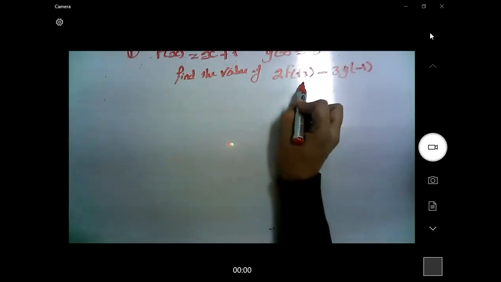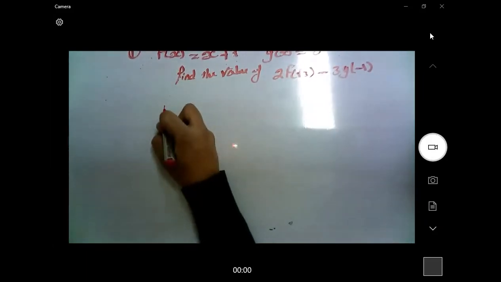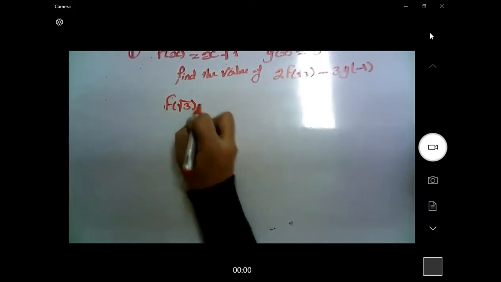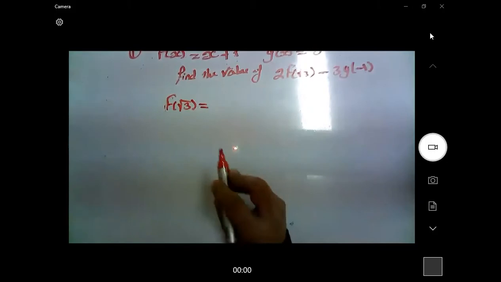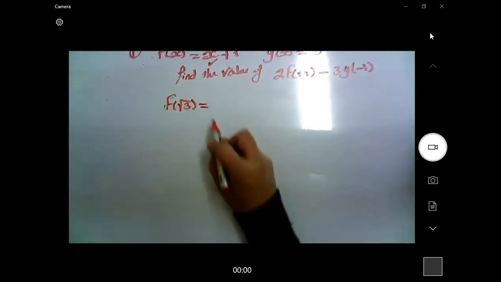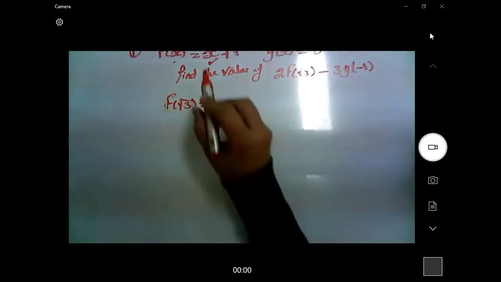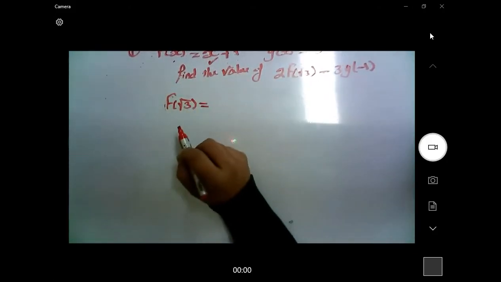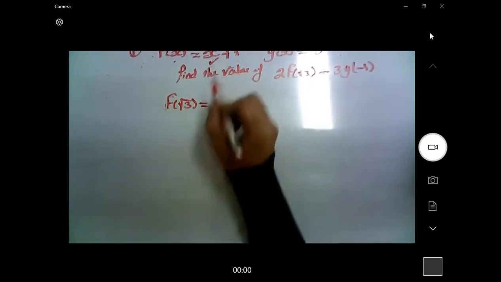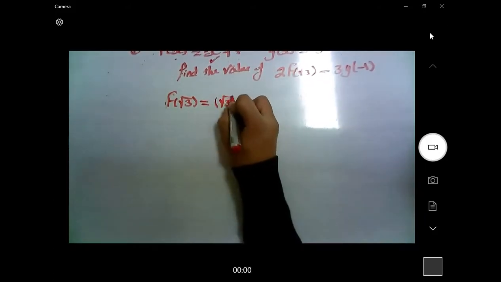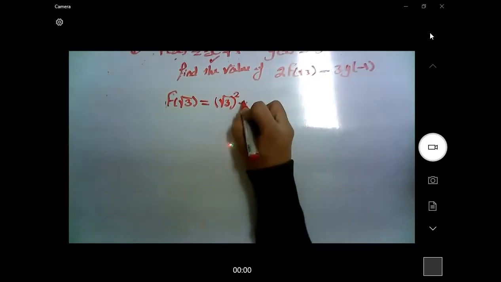We will get the value of f of root 3. F of root 3 means that you are going to substitute x by root 3 in the first function f. Now, x power 2 is root 3 all power 2 plus 1.